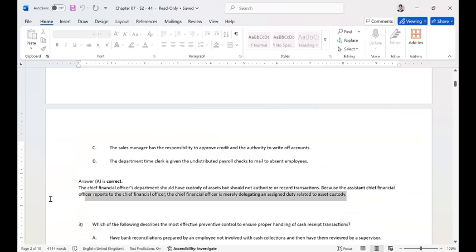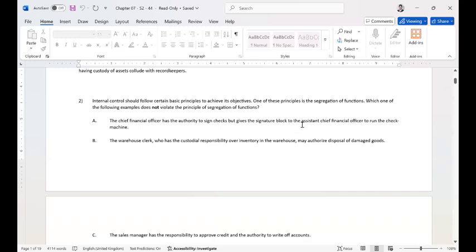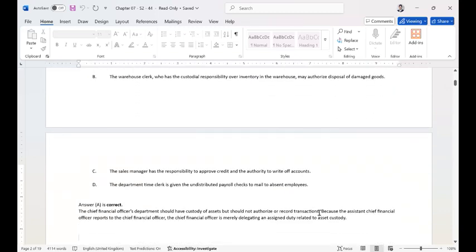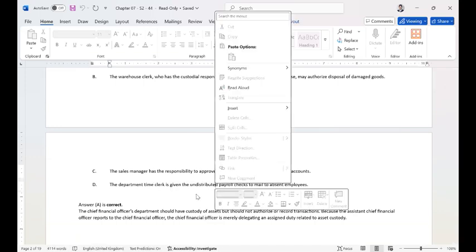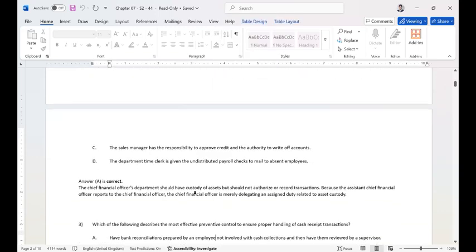So the mistake I made was that we did not know what the role of the assistant CFO is. Assistant CFO is not recording transactions or anything like that. Department time clerk is given. Yeah, time clerk can't be given that. Disburse payroll checks also. All right. Think carefully. Yeah.